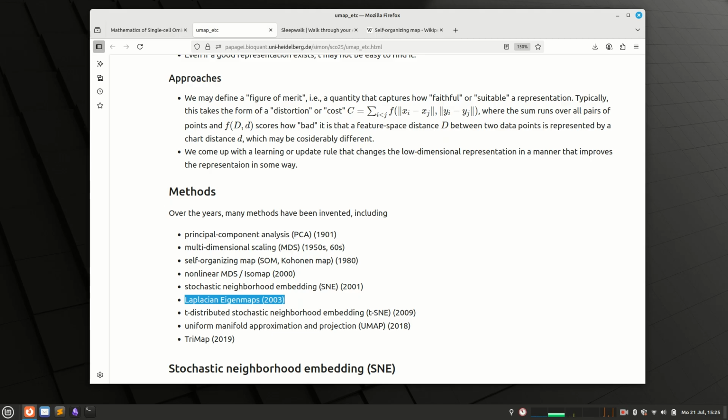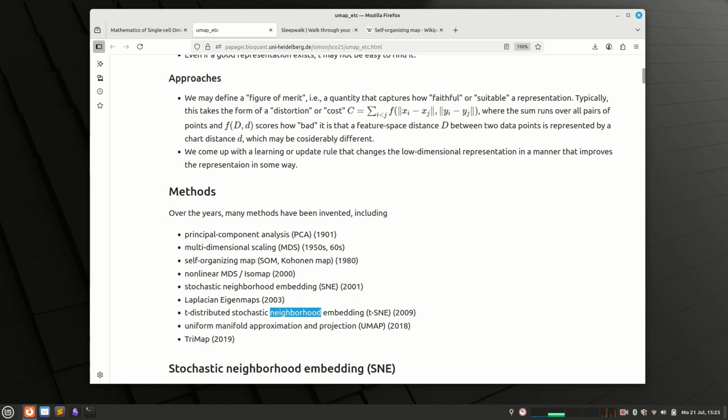It doesn't work that greatly, but this is one thing that people used a lot, and then the SNE people figured out what was wrong with their thing and came up with an improvement which they called T-SNE, and this was what everybody used.